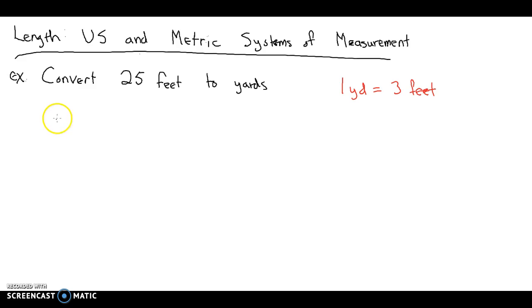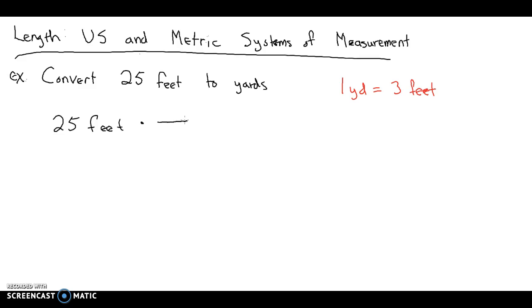We're going to rewrite our old quantity here, with the units of feet, times. Now we're going to set up what's called the unit fraction. The unit fraction is going to be a fraction where the quantity on top and the quantity on the bottom are equal, but they're different units.